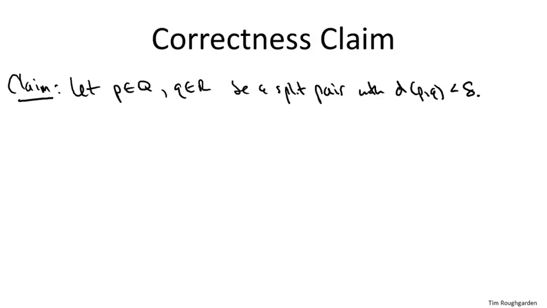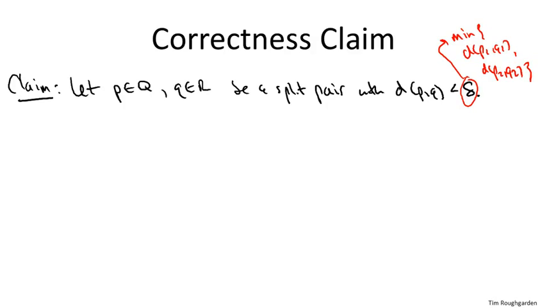What delta is, by definition, is the minimum of d of p1 q1, where p1 q1 is the closest pair of points that lie entirely in the left half of the point set, L, and d of p2 q2, where similarly p2 q2 is the closest pair of points that lies entirely inside of R. So if there's a split pair with distance less than delta, this is exactly the unlucky case of the algorithm. This is exactly where neither recursive call successfully identifies the closest pair of points. Instead, that closest pair is a split pair.